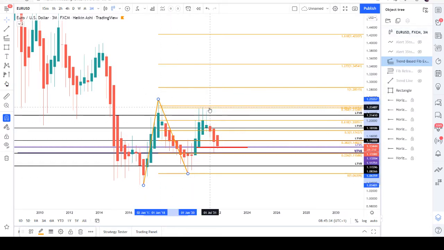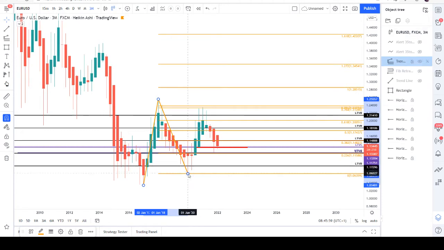So ABC, we went up, we went basically to the 76, 70, 40. So it could be done and we could go lower. That's an option. That's not what I'm looking for because of all the other confluence, 61.8, trend line, and all the other things we have been speaking about lately.